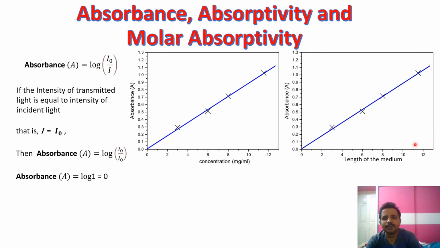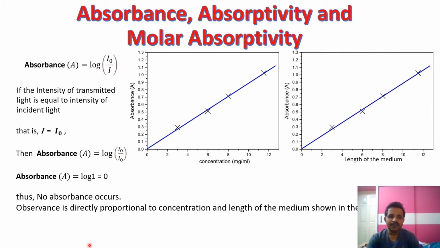No absorbance is occurring, which means none of the intensity is absorbed by the sample. The sample is not at all absorbing the light, so absorbance does not occur when the intensity of transmitted light is equal to the intensity of incident light. Okay.